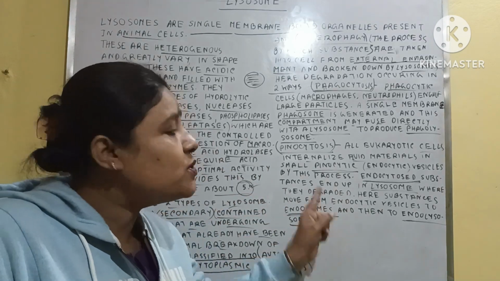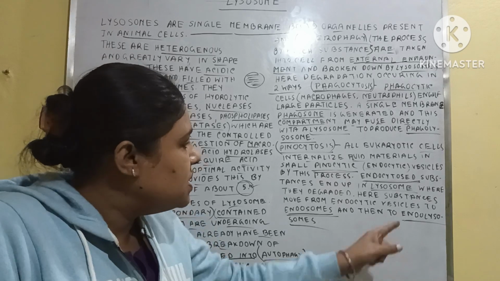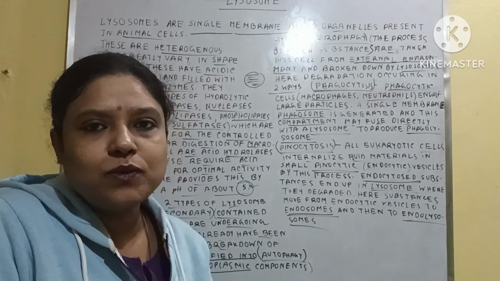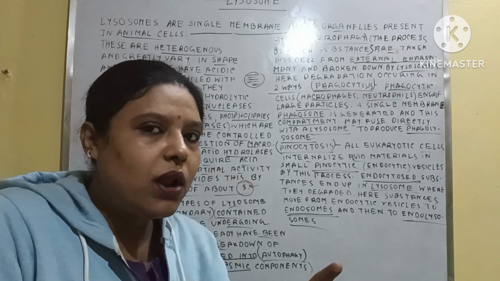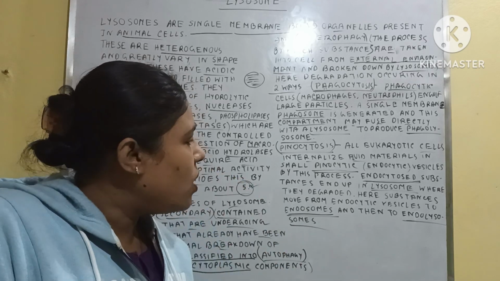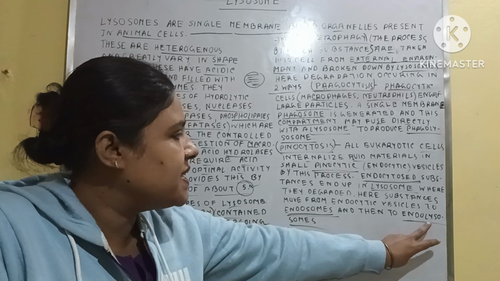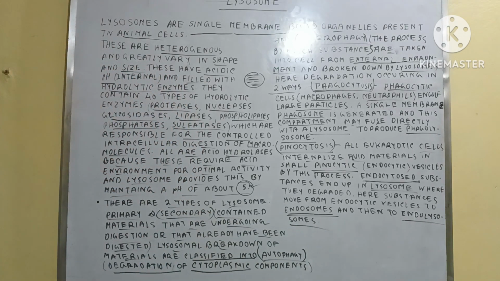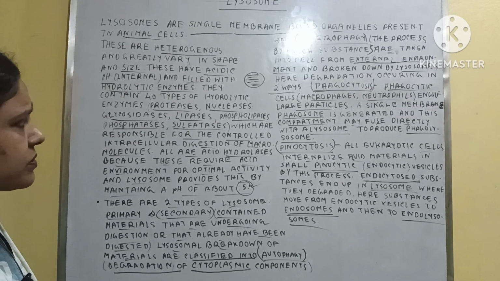When these endosomes fuse with the lysosome, they form endolysosomes. After that, the lysosome degrades all the materials present within the endosomes. Clear? So these are the actual processes occurring in the lysosome.